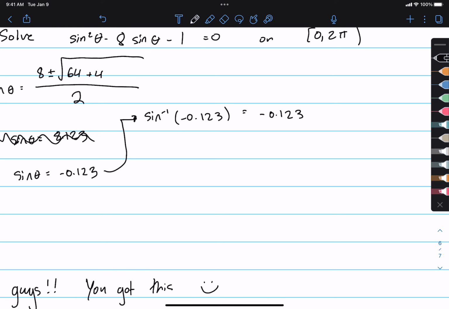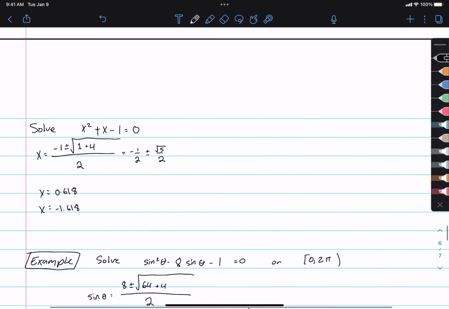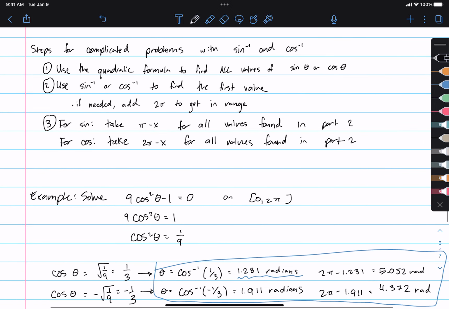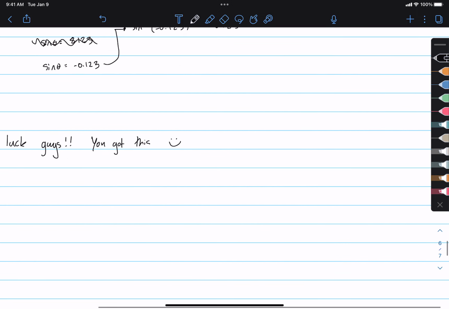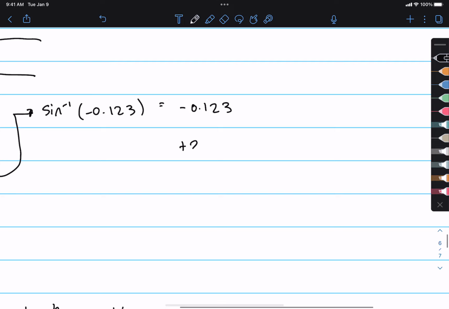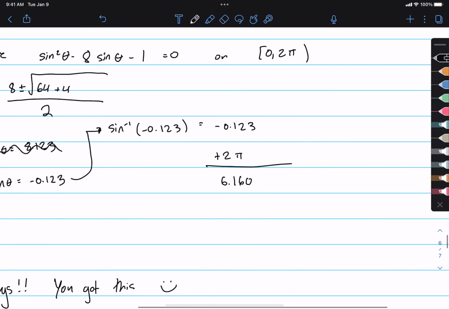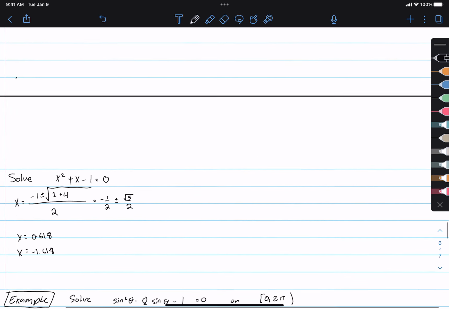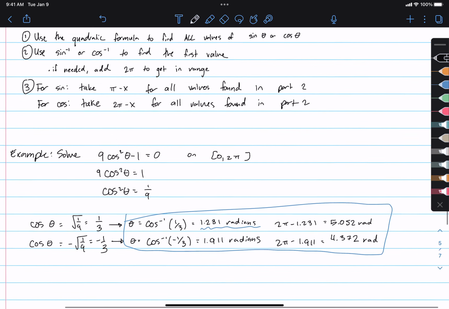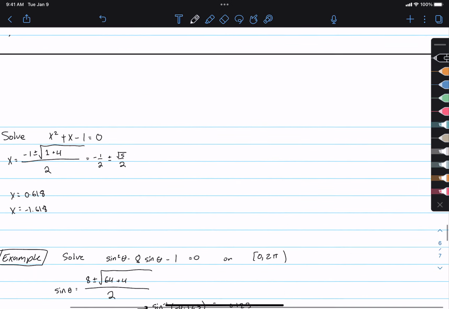So it's actually interesting. I'm going to use my rules that I got up here, right? So we found sine inverse to find the first value. And we need to add 2 pi to get it in range, because we can't have a negative value. So adding 2 pi, we're going to get 6.160, and this is our first value. And because it's sine, we're going to take pi minus that value.